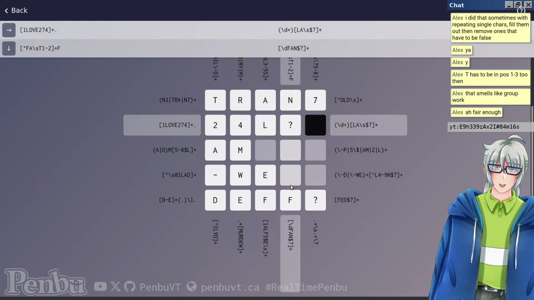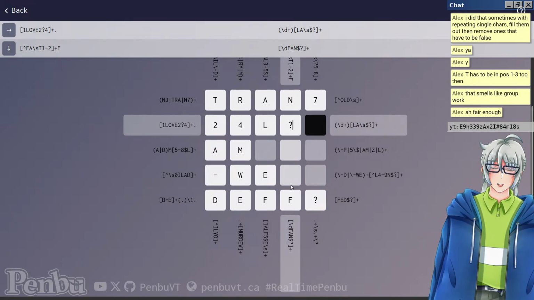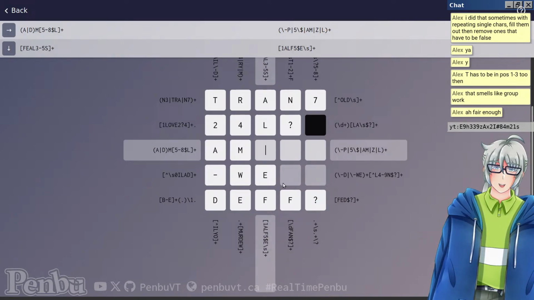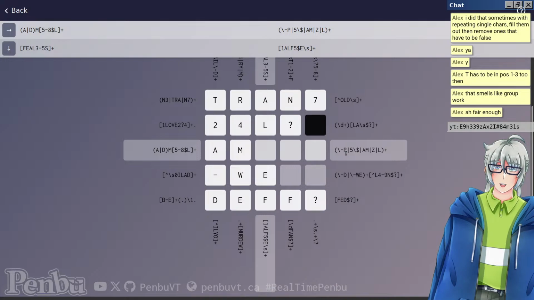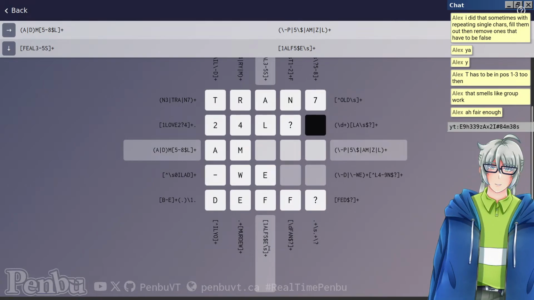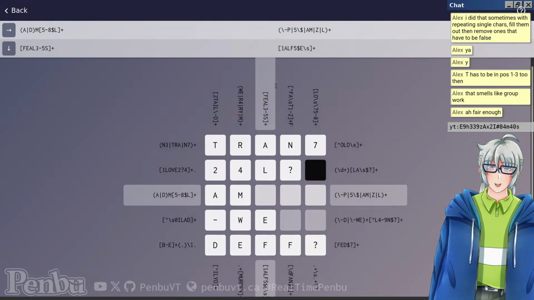5 more, and only about 5 minutes left, so 1 minute per square. 5 to 8, $L. I don't think we can get anything out of here. Okay, so ALF5 $E.